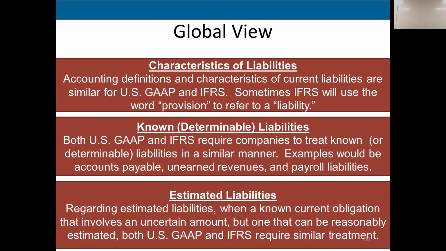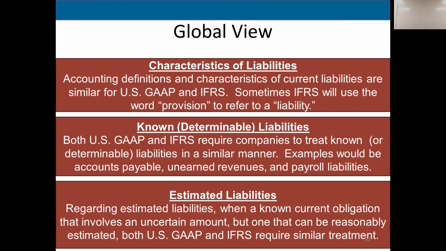Both GAAP and the international reporting standards are going to define current liabilities very similarly. Sometimes international standards will use the word provision to refer to a liability. For known determinable liabilities, both standards require companies to treat known liabilities in a similar manner.